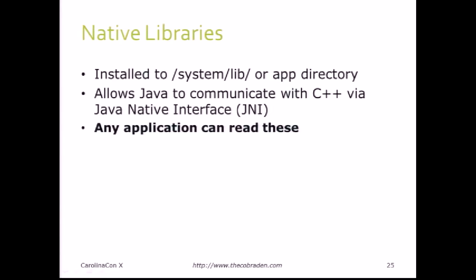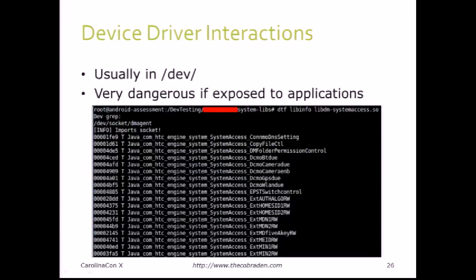It's interesting to note that all shared libraries, unless explicitly told not to, can be read by any application. So if you have some sort of shared library called generatesecret.so, and all it does is return some sort of token, any application can technically read that shared library and interact with it. This becomes more of an issue when the shared library does any sort of device driver interaction, because if it does, we know we're talking to the kernel.